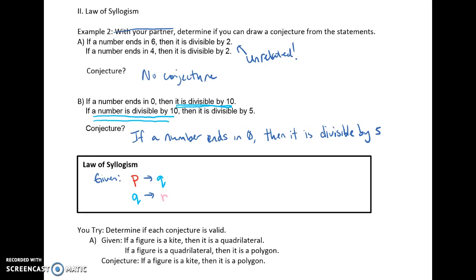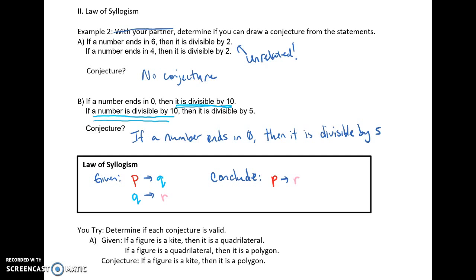If you're given that information, then we can go ahead and cut out those two repeated Q's and conclude that if P happens, then R will also happen. So it'll become if P, then R. And again, the order could be flipped. You might be given if Q, then R, and then if P, then Q. But as long as you can cut out those two repeating Q portions, it'll be fine.